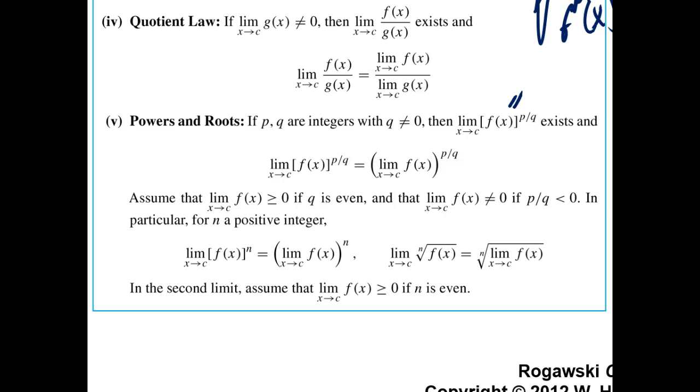In particular, for n being a positive integer, if n is positive, then this limit is that. Done. No sweat. And if n is positive, the limit of the nth root of this thing is equal to the nth root of the limit of those things.